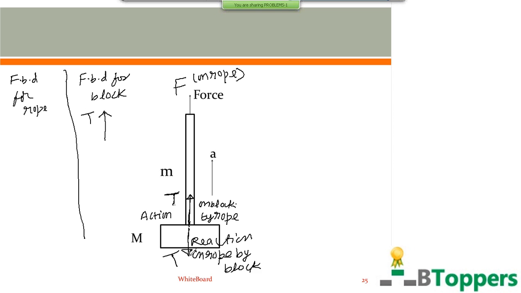The reaction is the force on rope by the block, which acts vertically downwards, so it should be shown in the free body diagram for the rope. So you can observe that these action and reaction forces are shown in different free body diagrams.